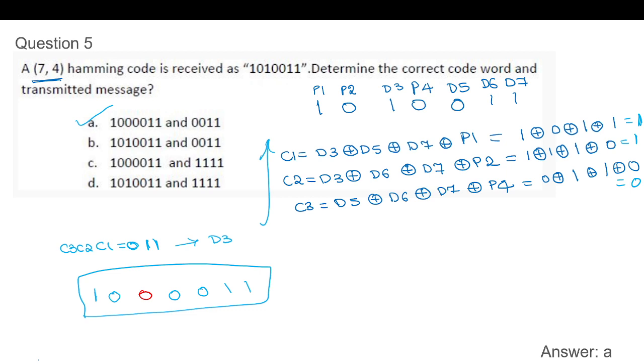This is the code word 0011, and bit position 3 is erroneous, so this bit we have to flip. That could have been the transmitted code. Okay, the transmitted code is the last one, 4 zeros and 1 1, isn't it? Yes, yes. Okay, ma'am. Thank you, ma'am.